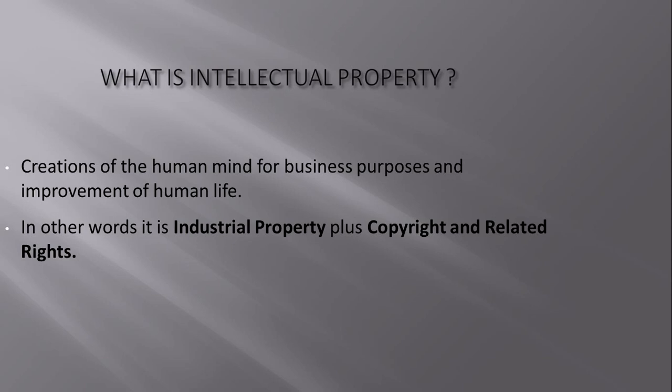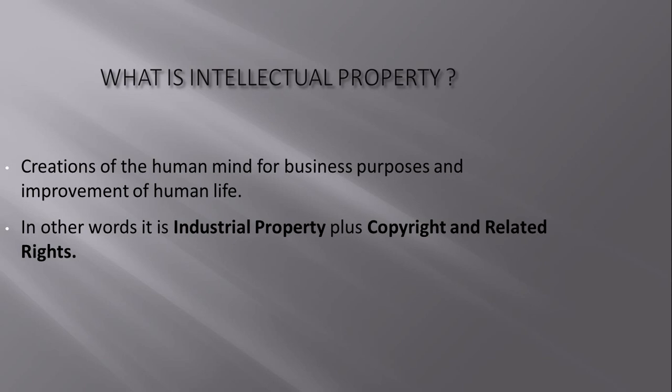So, any intellectual property that is created should have an economic value, or should enable the improvement of human life, or improve the standards of human life. And it should also have industrial applicability. So for it to be called intellectual property, it has to be useful, it has to be usable, it has to have a purpose in life.